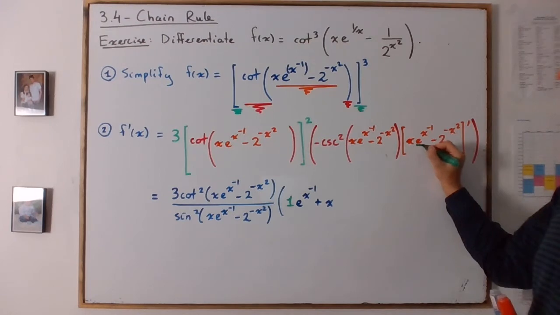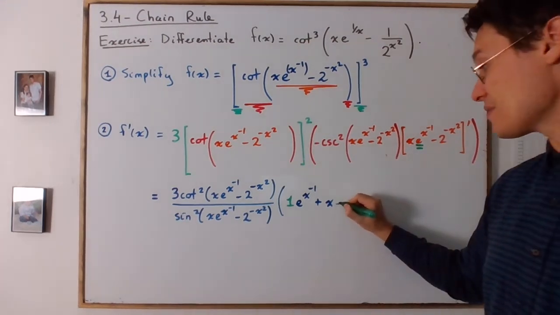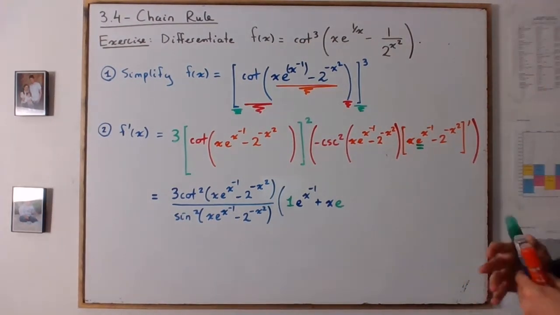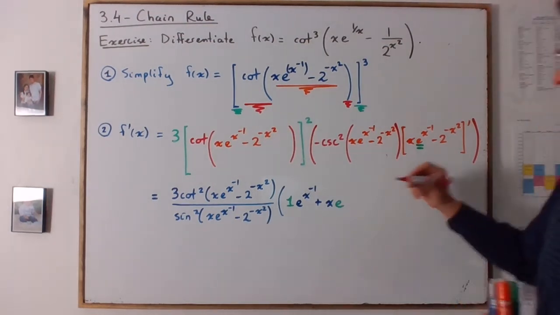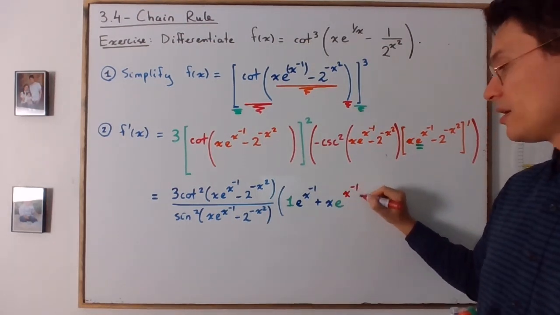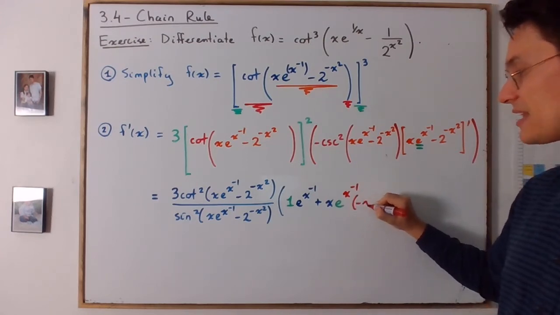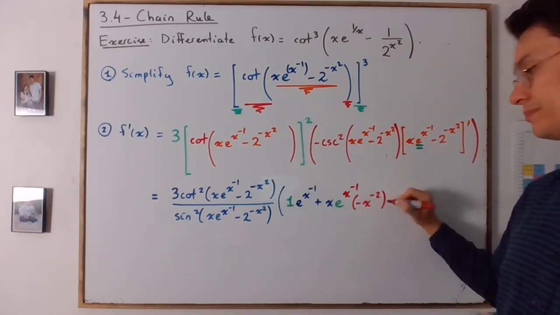So the outside function is e to the x, so its derivative is e to the u, that's what I mean. And then the inside is x to the negative 1, which makes this derivative negative x to the negative 2.